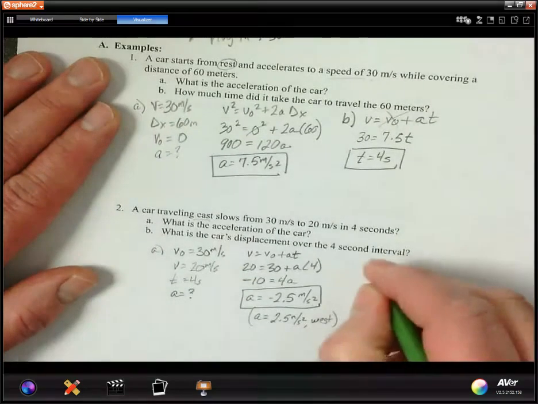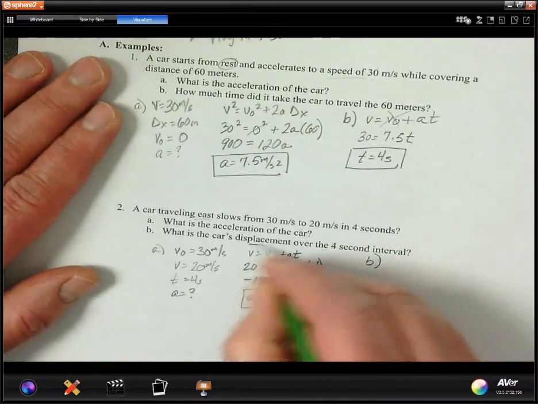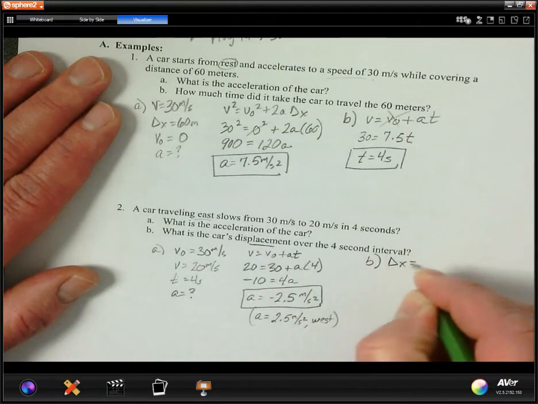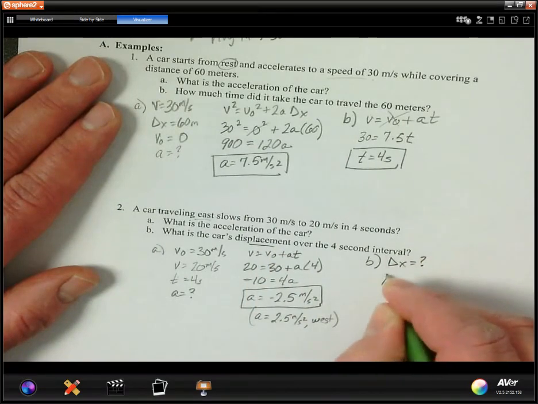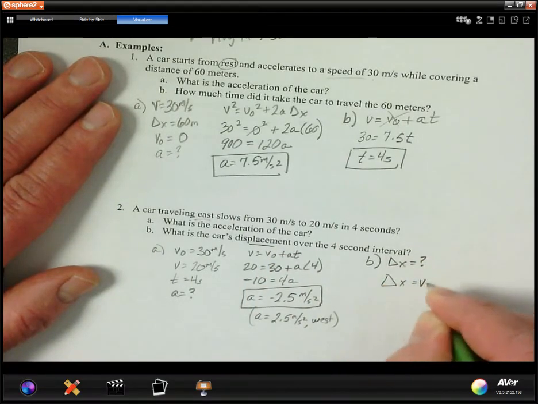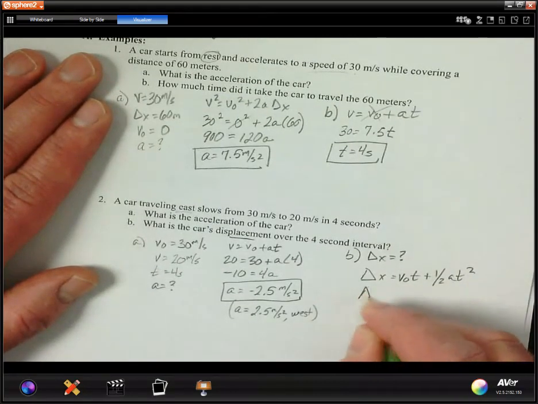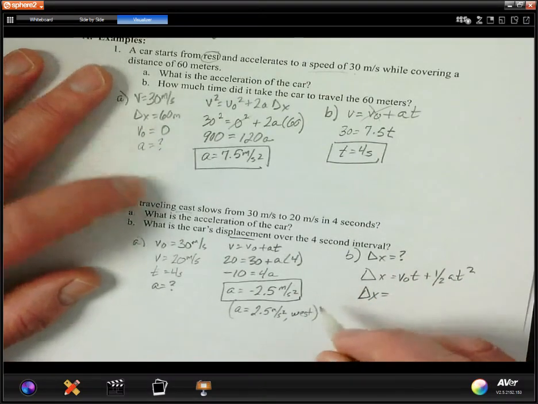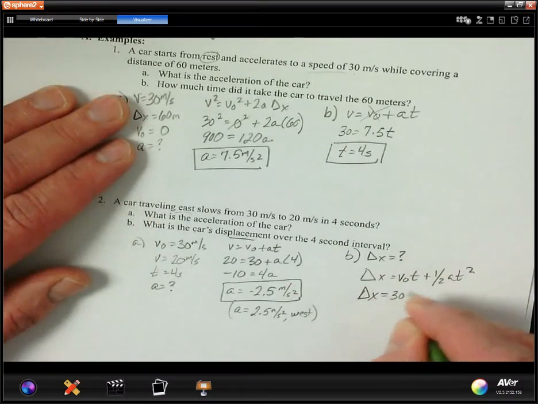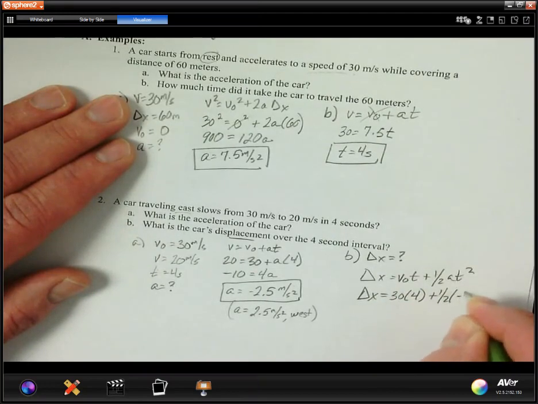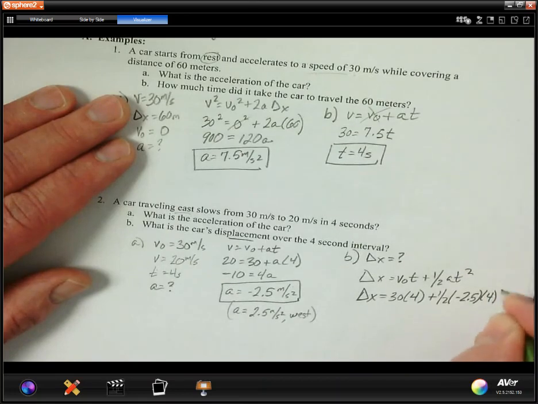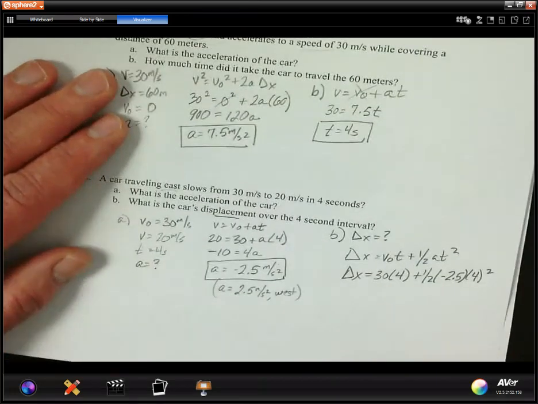All right, then part B, it wants displacement. Displacement is delta x. So I could plug into this equation. V0 was 30. T was 4. A is minus 2.5. And T was again 4. I've got to remember to square it.